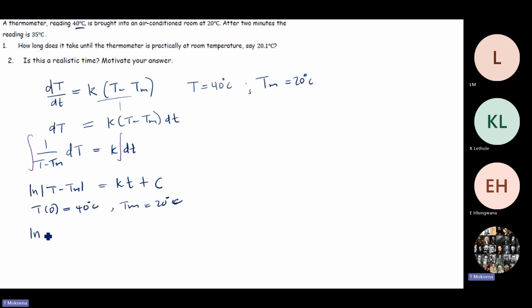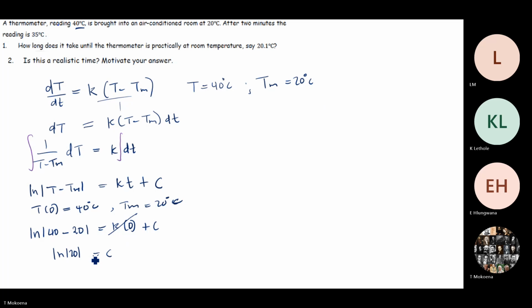So here we're going to have ln of our T, it's 40 at the initial condition, minus our Tm, which is always 20, equals k, our t, that's going to be 0 initially, plus c. We need to solve for c. So this is going to die off, and therefore we're going to have ln of 20 this side, which will be our value of c.